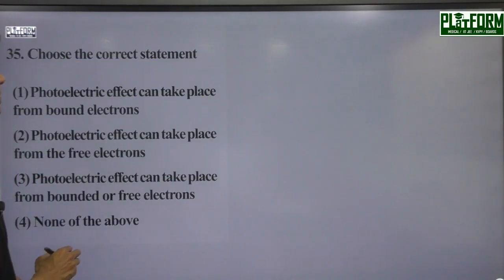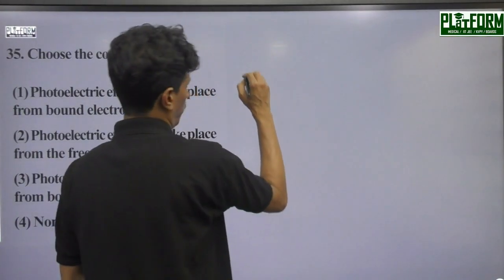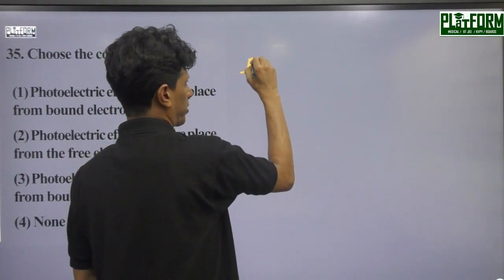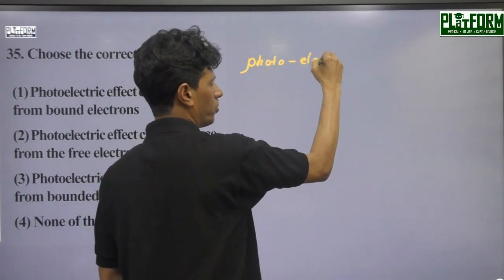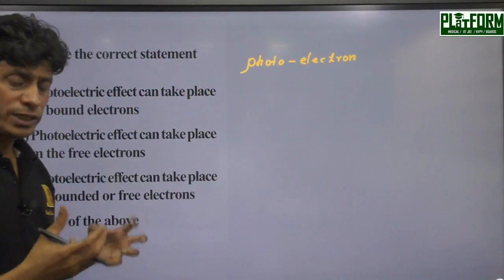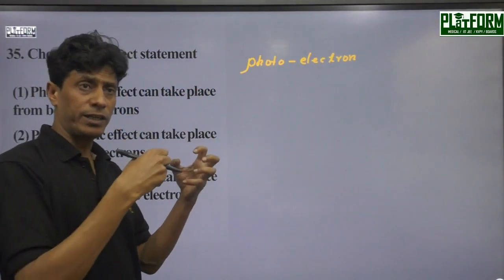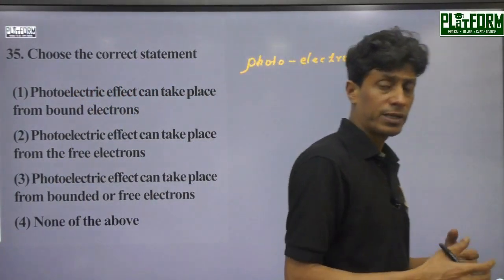Next problem. Choose the correct statement. Photoelectric effect can take place from a bound electron. The photoelectron actually absorbs the energy of the incident ray upon the metal surface.